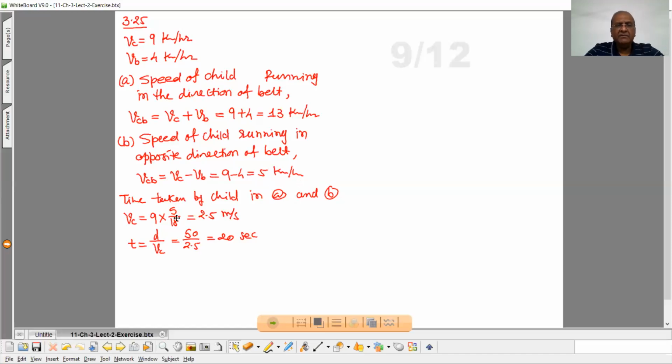Now, the time taken by the child in A and B. So the time taken by the child to move up to father or mother, but father and mother are both on the same belt.